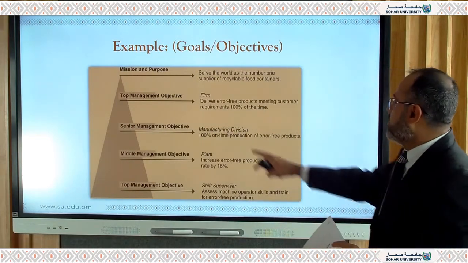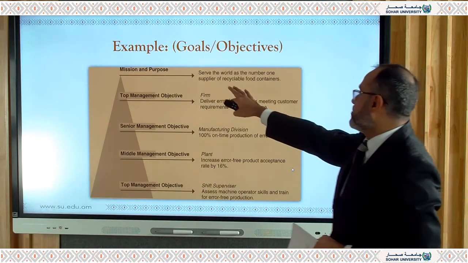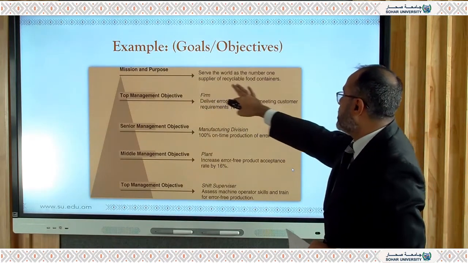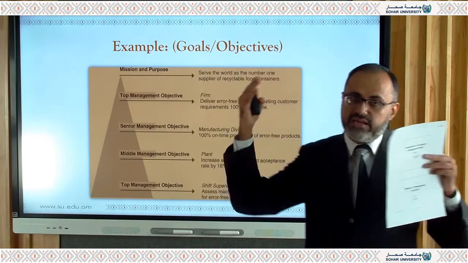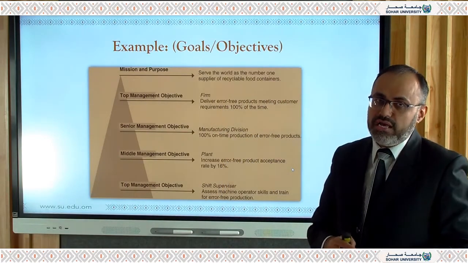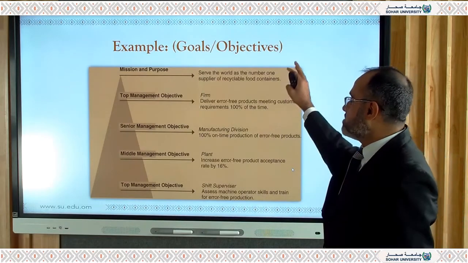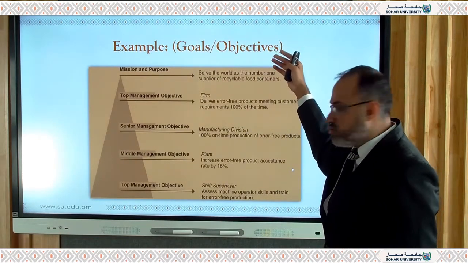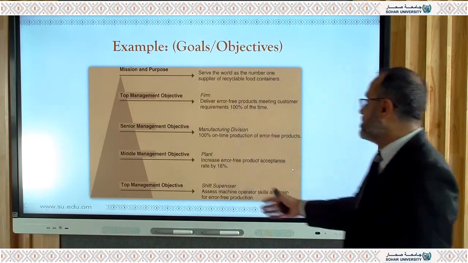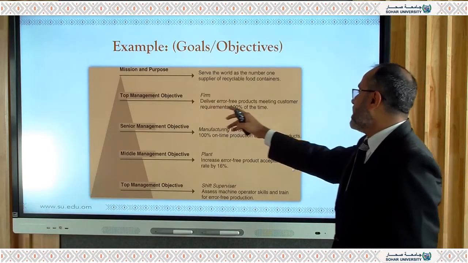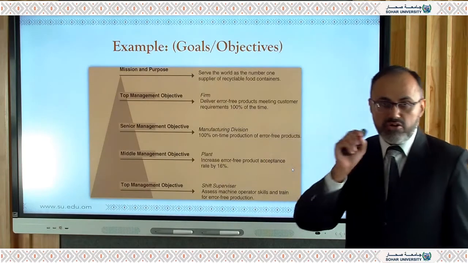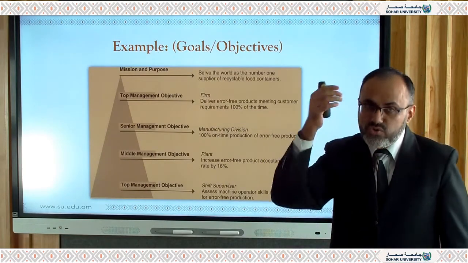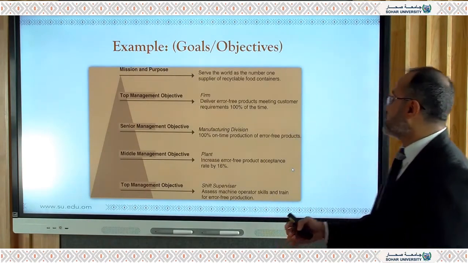For example, the mission and purpose: serve the world as the number one supplier of recycled food containers. That is a very guiding type of goal, but you can see nothing is measurable over here. But once you go a little down in this hierarchy, it becomes: deliver error-free products meeting customer requirements 100% on time. Now you see a little timeliness coming in as you go down the hierarchy.